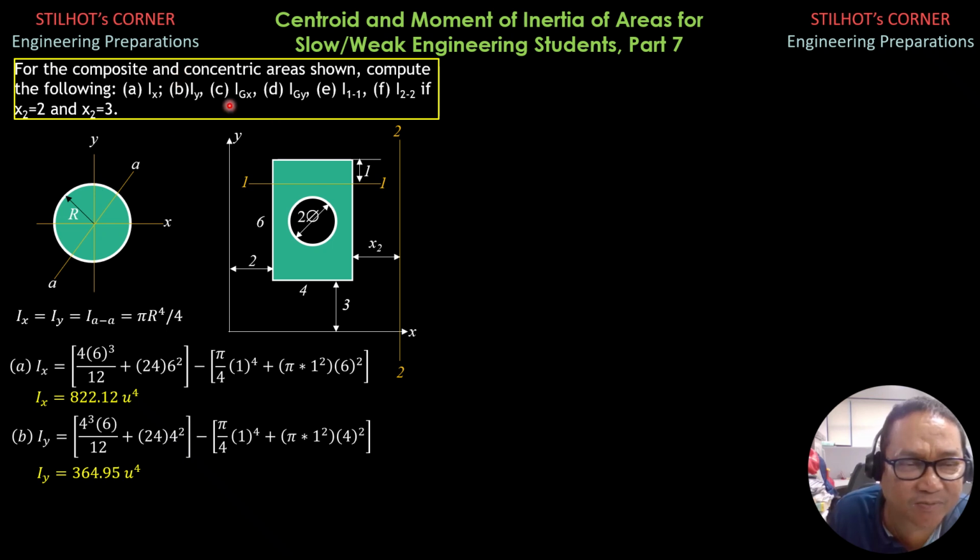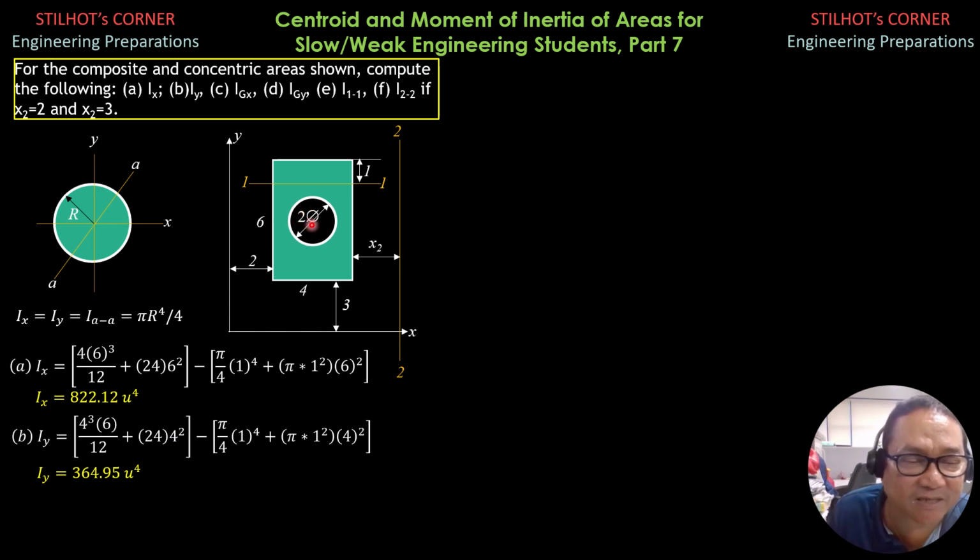Next, we proceed to part C. Since the centroid of the two concentric figures is here, we don't need to locate the centroid of the net composite area, because it is readily located here. So we just subtract the centroidal moment of inertia of the circle.